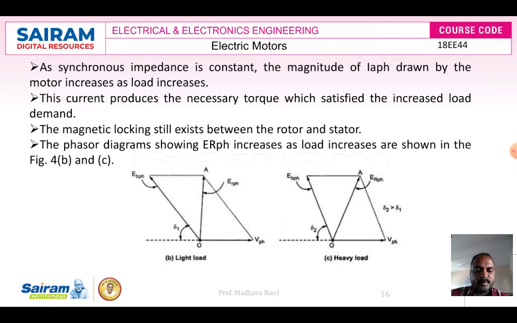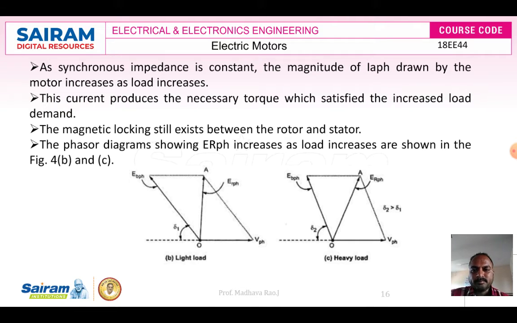We assume the load angle for light load is delta 1 and for heavy load is delta 2. When the load increases, delta 2 is greater than delta 1, so the load angle increases. You can observe the differences of light load and heavy load in these two vector diagrams.